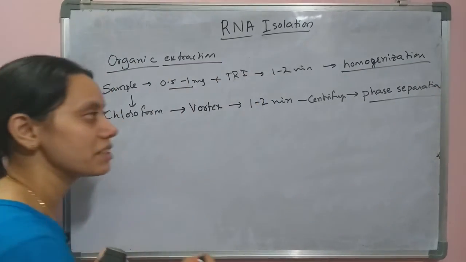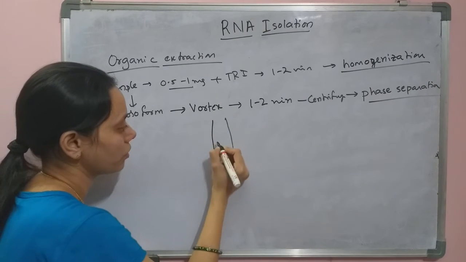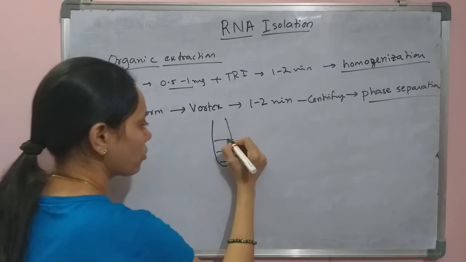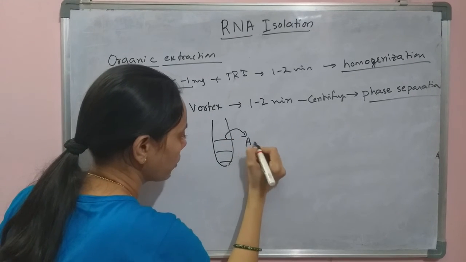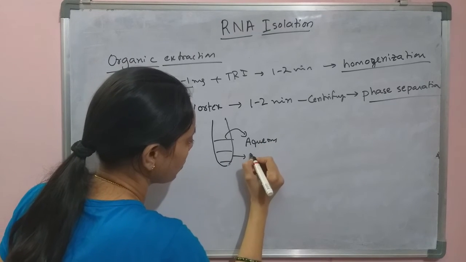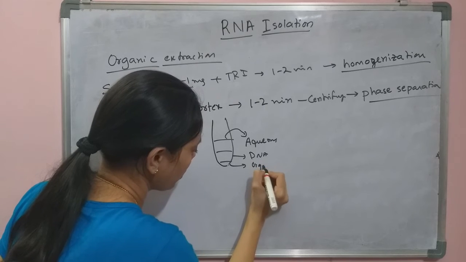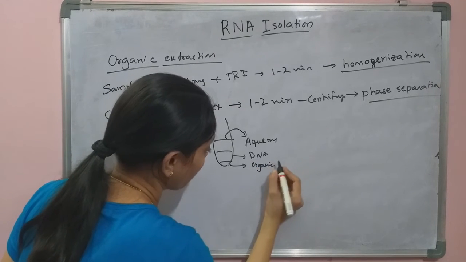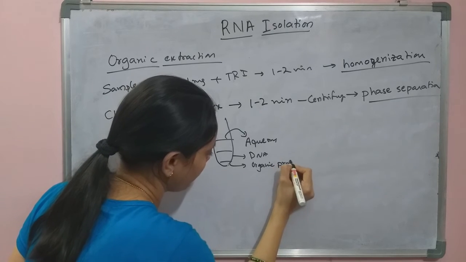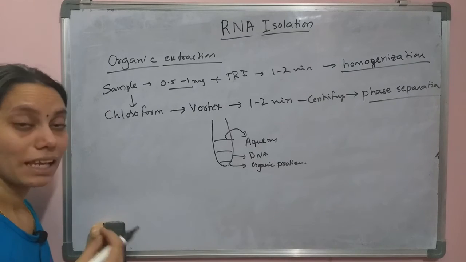Under this phase separation stage you are going to have 3 layers: in the top layer the aqueous solution will be there, then the DNA, and then the organic phase, which is full of proteins and all. You can have the cell debris right at the bottom.